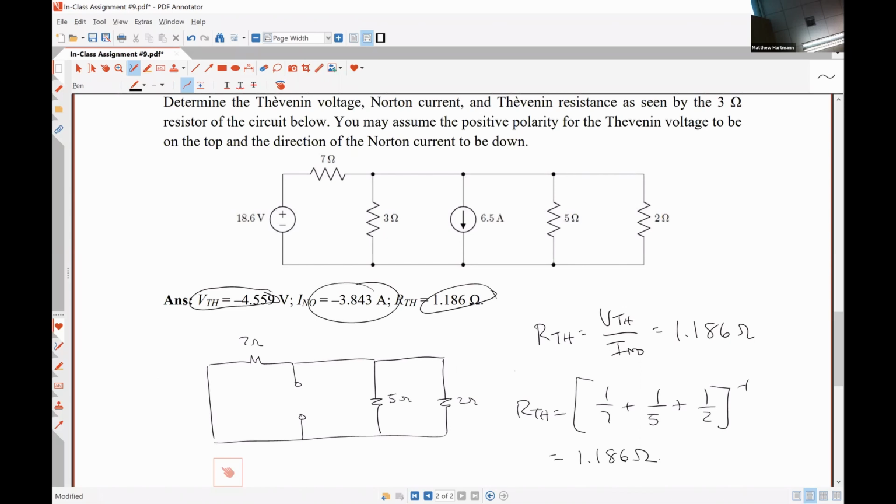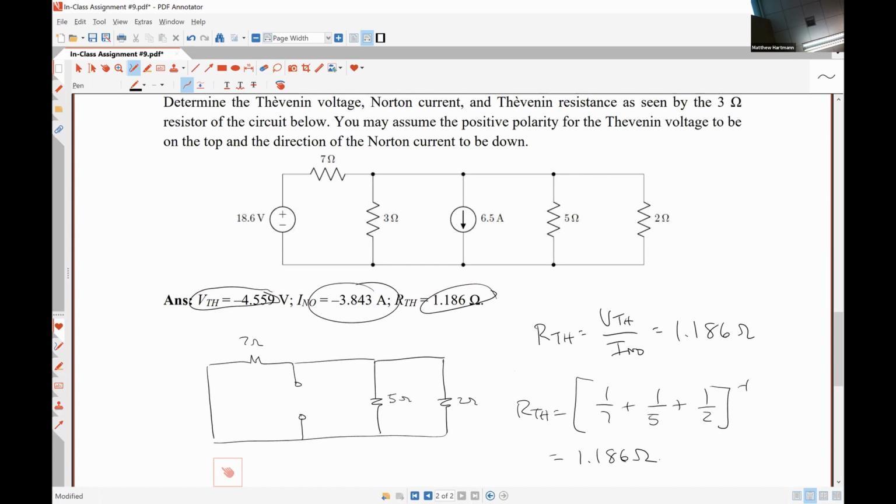So there we go. Once you're comfortable with doing this, you won't need to check your work all the time. It's usually pretty easy, especially in these circuits that only contain independent voltage and current sources.